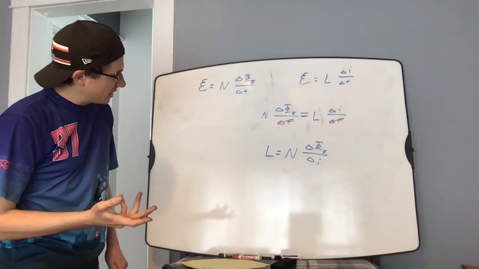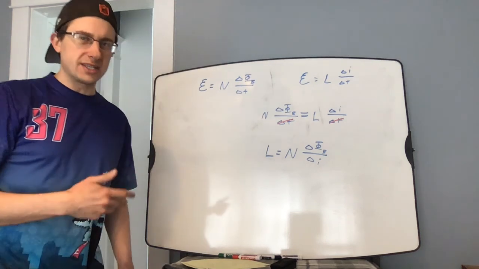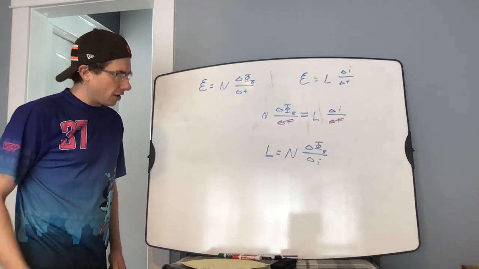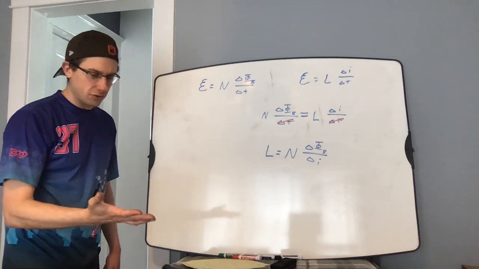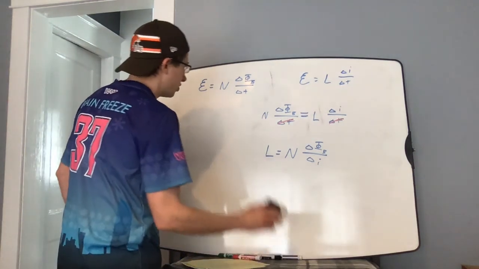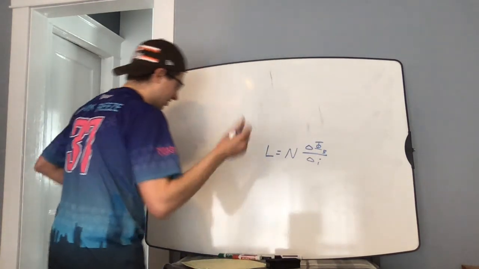Now, at this stage, I don't think this really gives us a good mental picture of what this term L is. So let's apply this specifically to the case of a solenoid. Like I said, a solenoid is the classic example of an inductor. So what we're going to do is ask, what is the inductance of a solenoid?